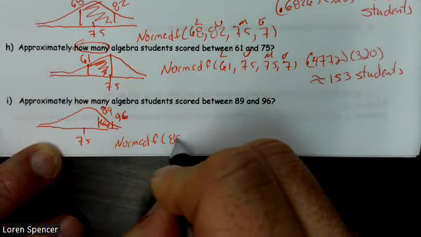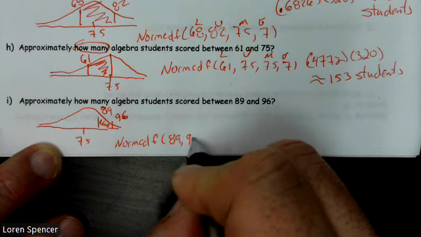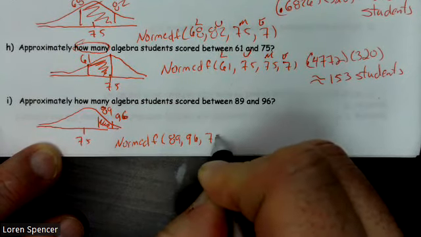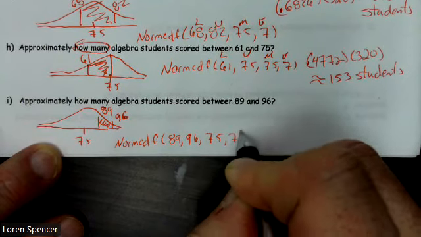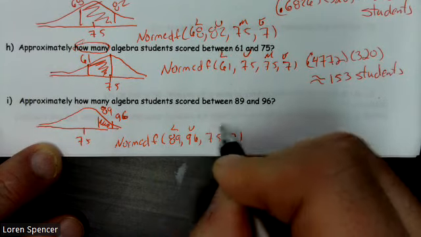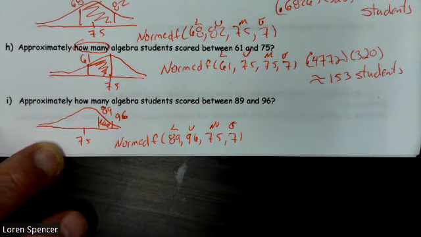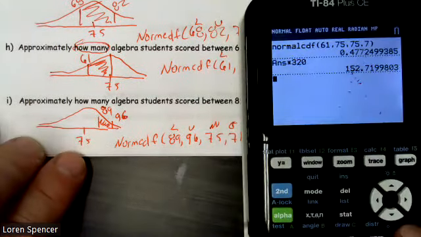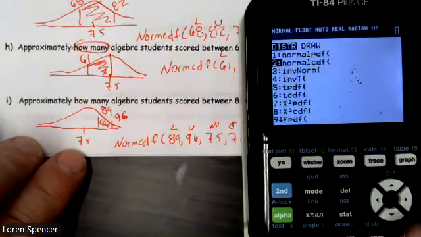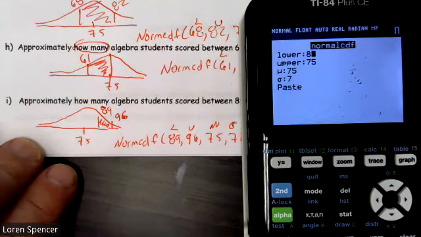Our lower is 89. Our upper is 96. Our mean is 75. Our standard deviation is 7. Lower, upper, mean, standard deviation. Don't want to forget those labels. Second vars, norm CDF, 89, 96.